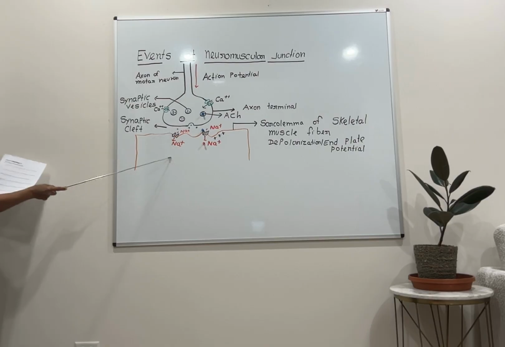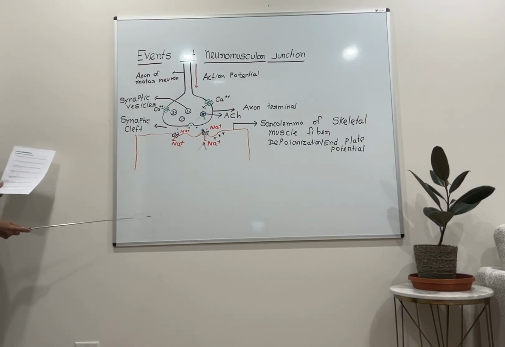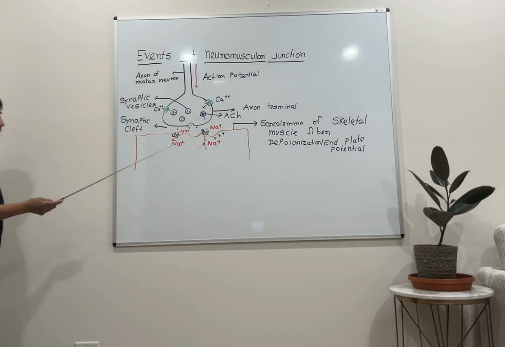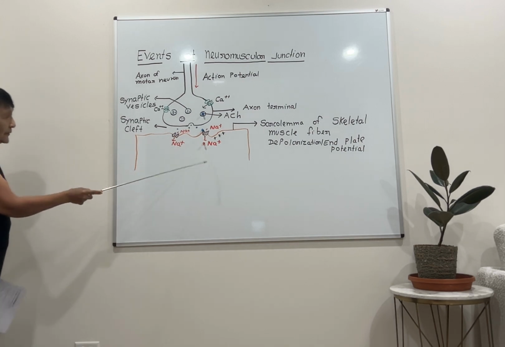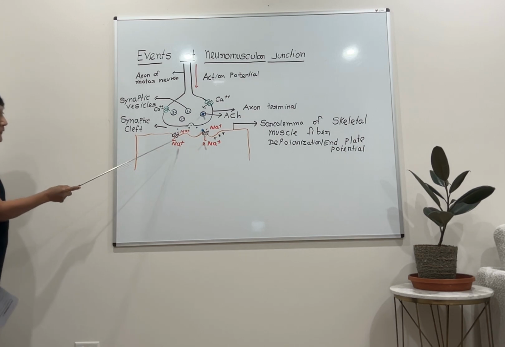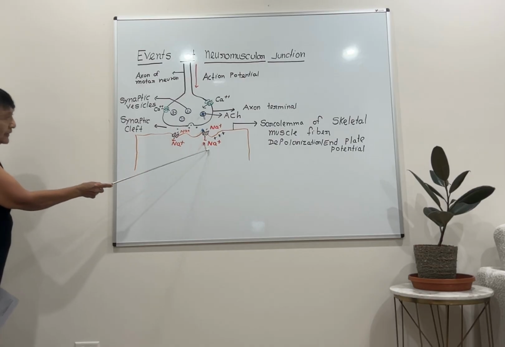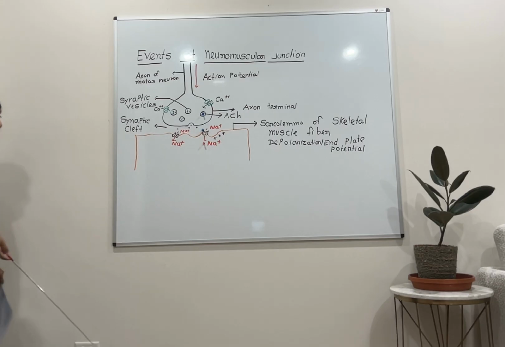So what ion diffuses through the gated channels of the junctional folds to generate local depolarization? Sodium ions enter through the chemically gated channels to generate a local depolarization, which is also known as end plate potential.